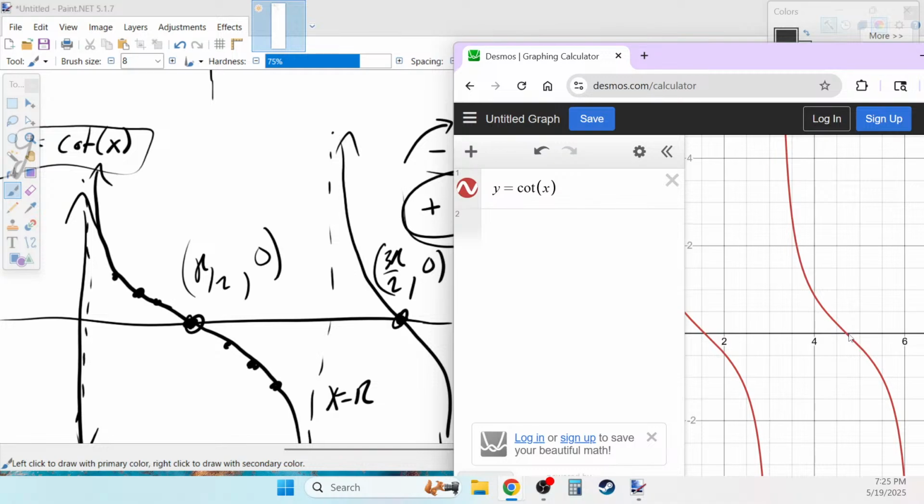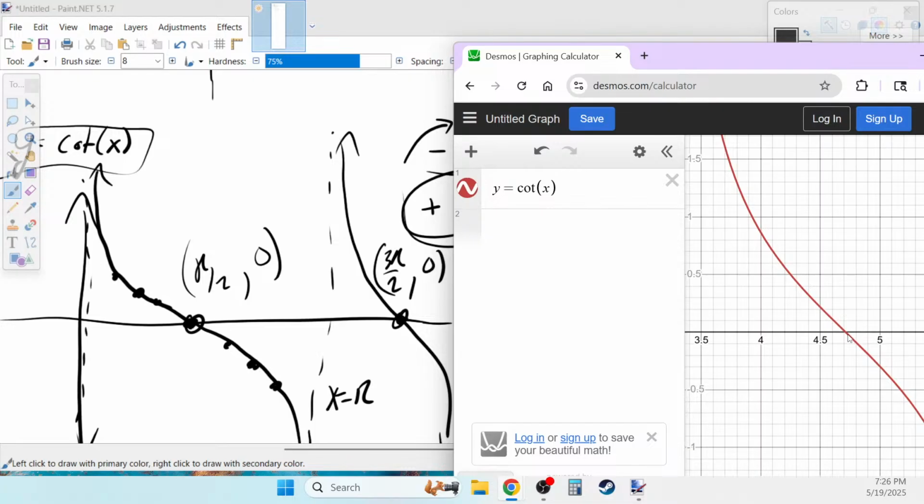That makes sense because if we take half of pi, that's about 1.5. We take pi plus half of pi, that should be about 3 plus about 1.5, which gives us about 4.5. That's right.